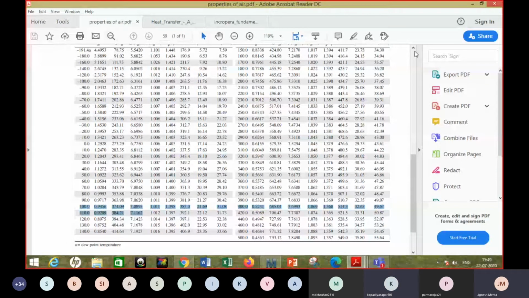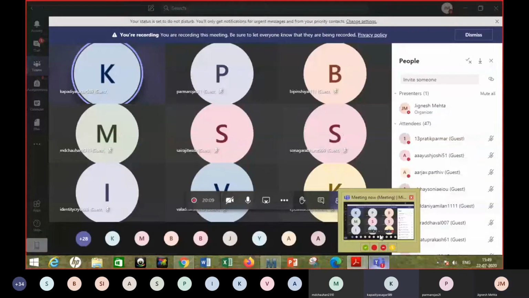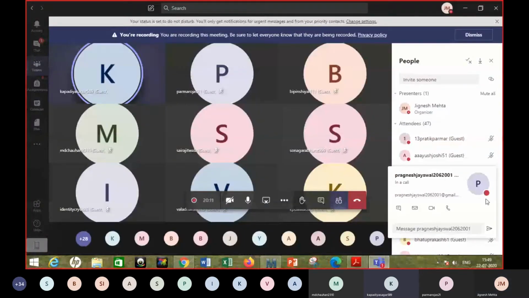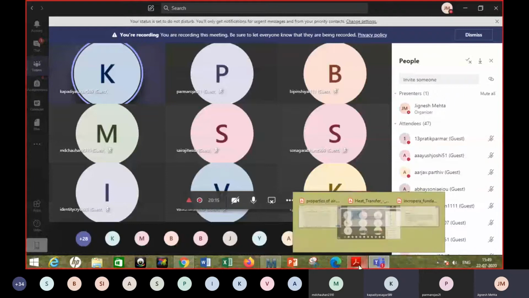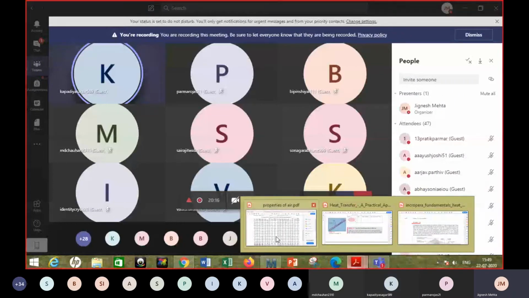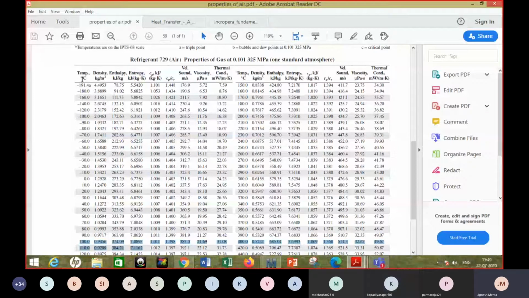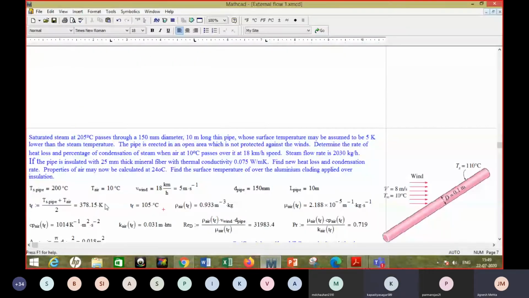Sir, do we have to take temperature in Kelvin? No. What is the unit given in the table? The unit given in the table is degree Celsius, right? So you have to use degrees Celsius. Don't get confused by what is shown here.